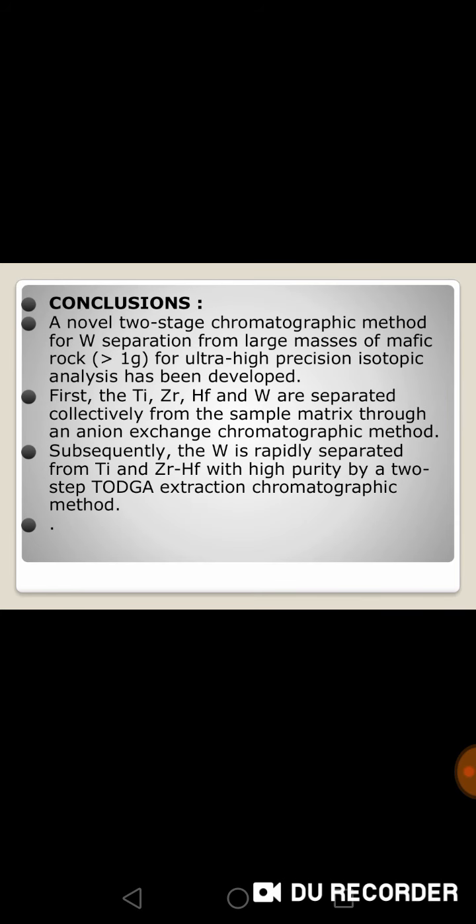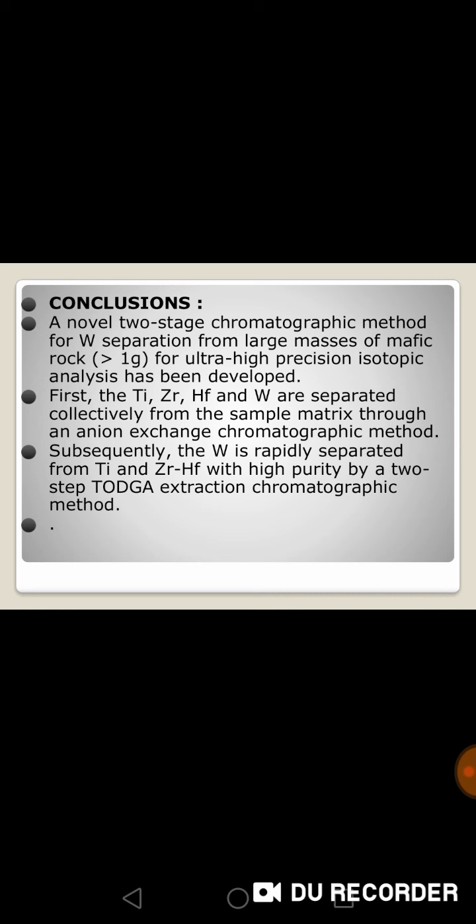So here is the conclusion of the whole scenario. A novel two-stage chromatographic method for tungsten separation from a large mass of mafic rock, containing more than 1 gram, for ultra high precision isotopic analysis has been developed. First, the titanium, zirconium, hafnium, and tungsten are separated collectively from the sample matrix through an ion exchange chromatographic method.